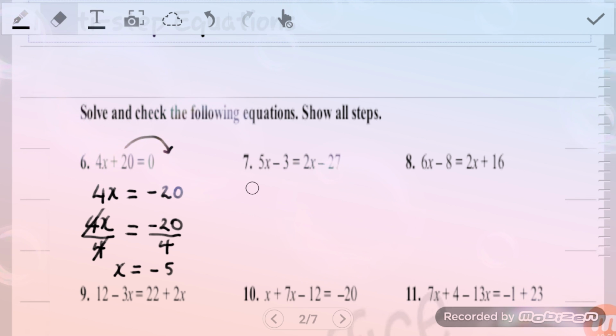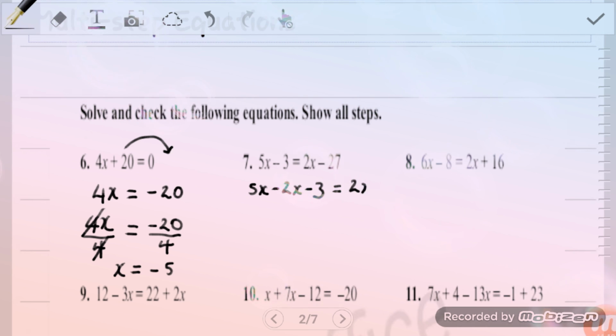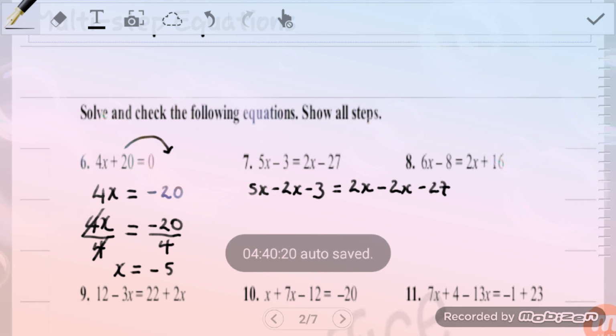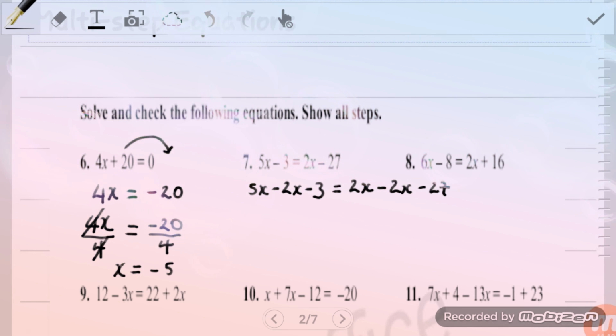So what we'll end up with here is 5x subtract 2x subtract 3. I'm subtracting 2x from the left side, and I'm also going to balance the equation by subtracting 2x from the right side. And you have a lot of YouTube videos out there that use this technique.